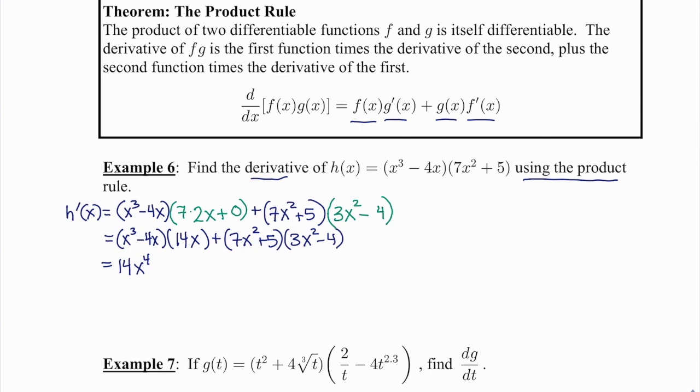Minus 56x squared, plus 21x to the fourth, minus 28x squared plus 15x squared minus 20. And if I combine like terms, I have 35x to the fourth.